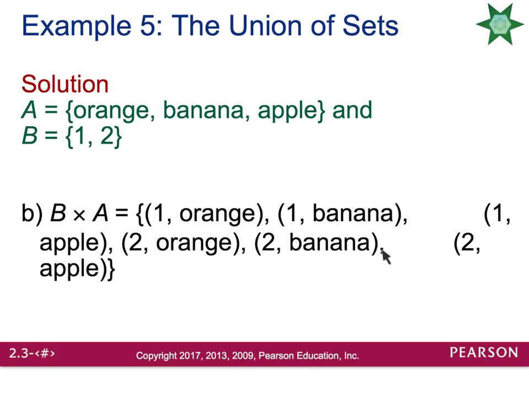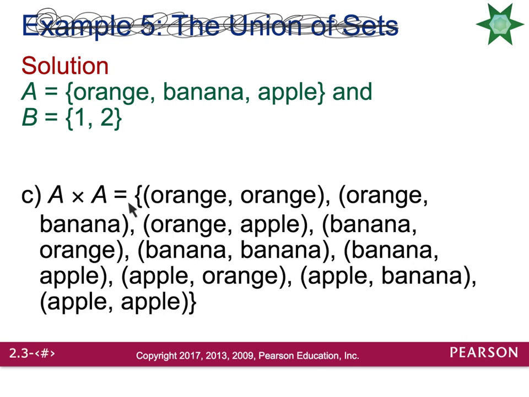Okay, so there's our set of ordered pairs. That's just a typo of the space there, but we're going to have the same number of ordered pairs: 1, 2, 3, 4, 5, 6. But we're going to have the numbers first because we're taking B cross A. And by the way, that should not be example 5. That's a typo there, so we'll scratch that. This is still example 10.